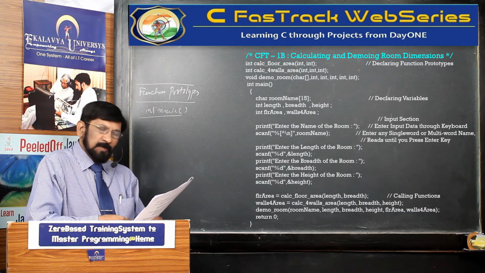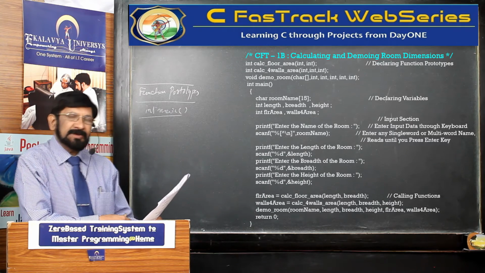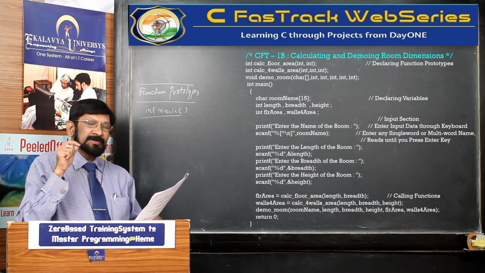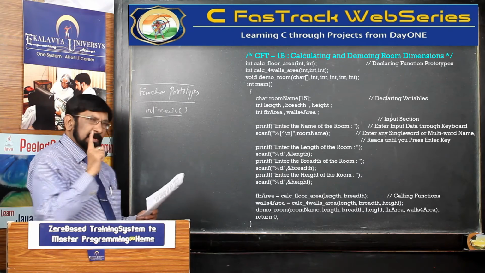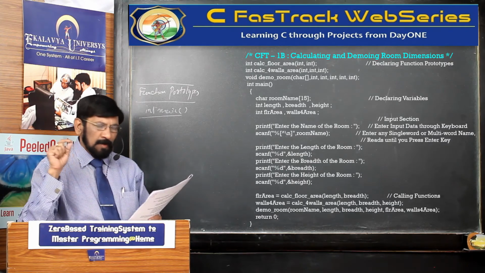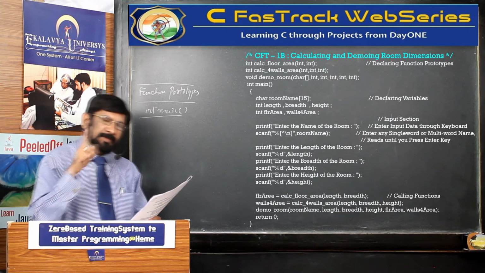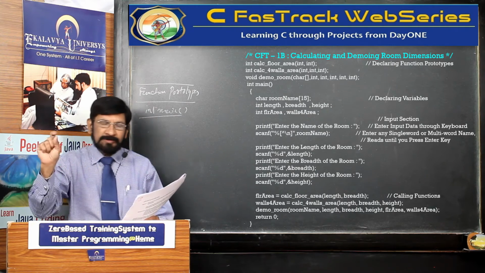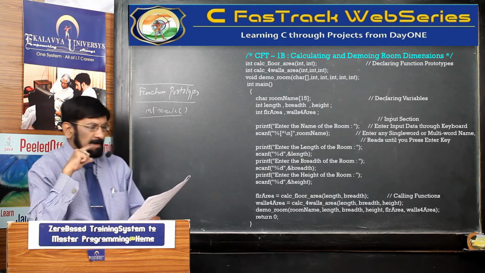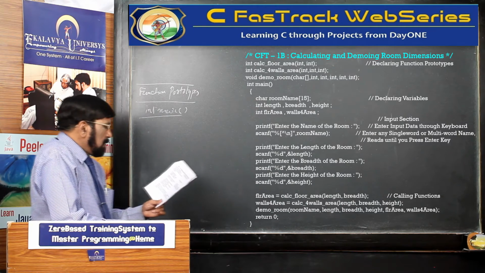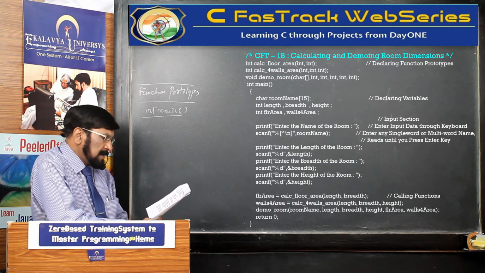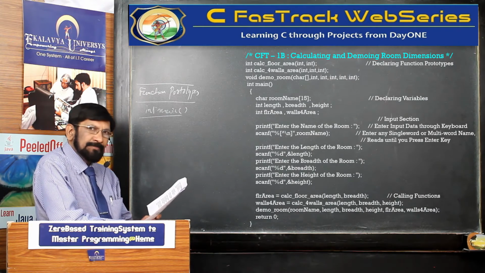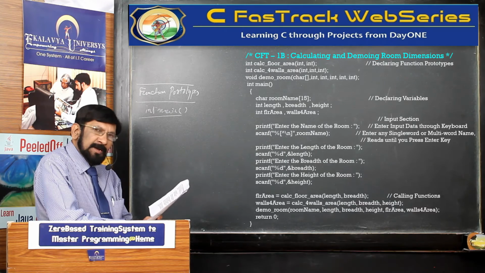Next, what comes? Processing section. In the processing section, we call the functions. That means function calls we write. Now, how are you writing? You should follow very carefully. In the previous program, you wrote processing statements. Here, see that floor area is equal to calculate floor area. You are calling the calculate floor area function. Here, you don't write types.